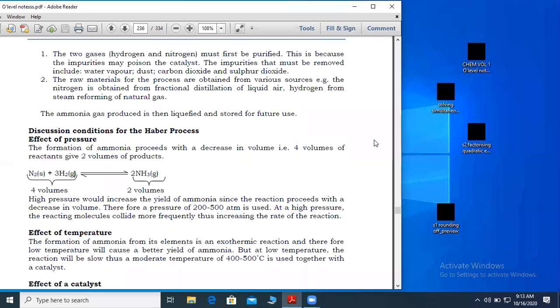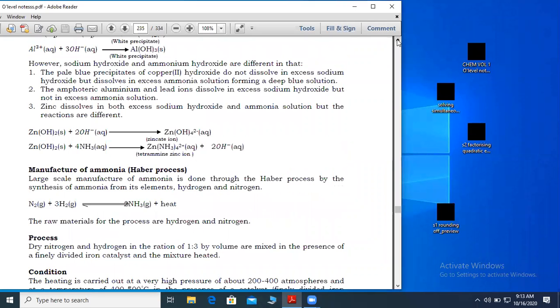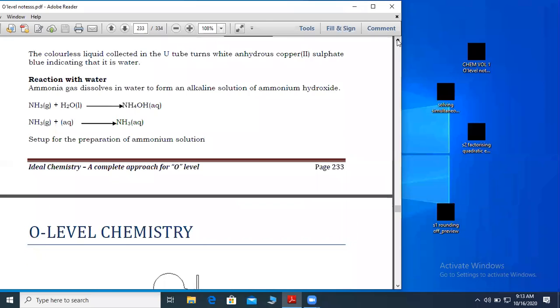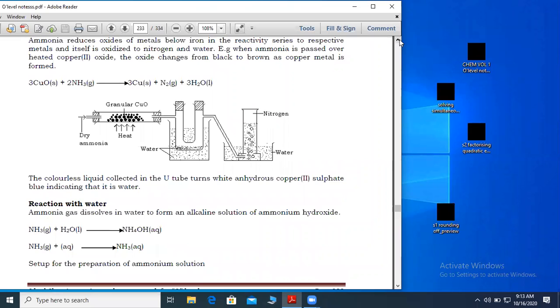So what catalyst do we use to oxidize ammonia? White hot platinum foil. Very good, that's correct. We use platinum. And the next question was asking for the equations.